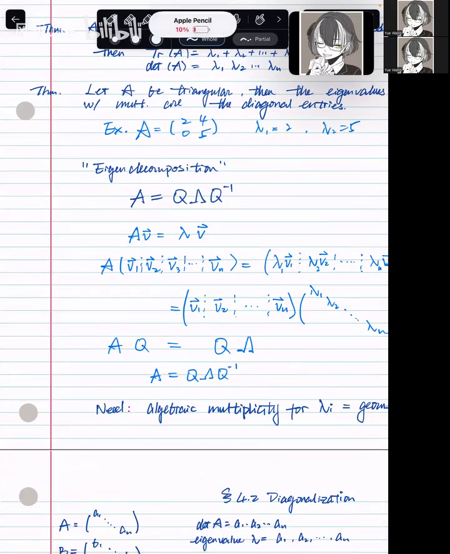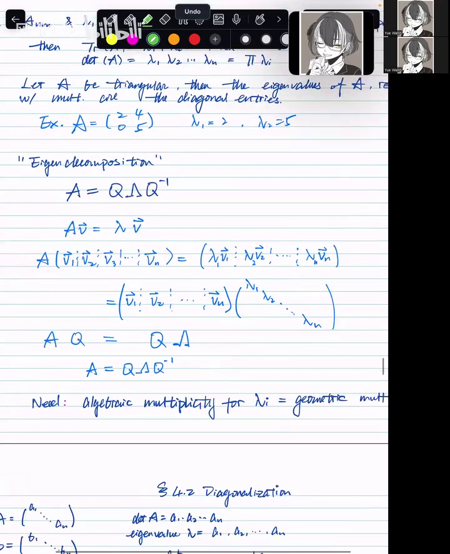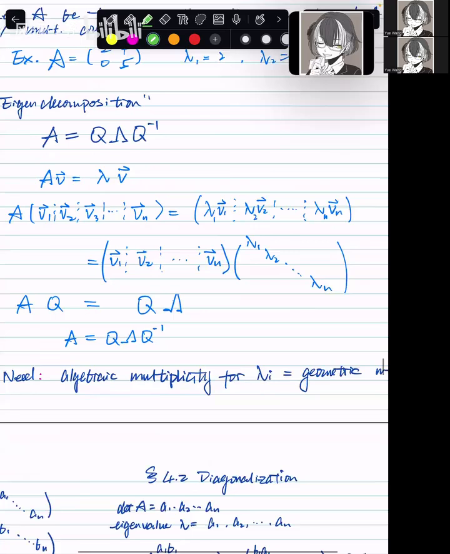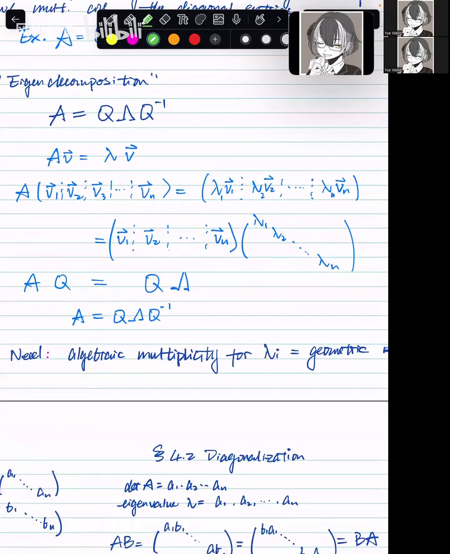So any matrix A, if it's diagonalizable, then we say it can be eigendecomposed into a matrix of eigenvectors, and the middle lambda matrix is a matrix of all the eigenvalues on the diagonal, and Q inverse is the inverse of the eigenvector matrix.